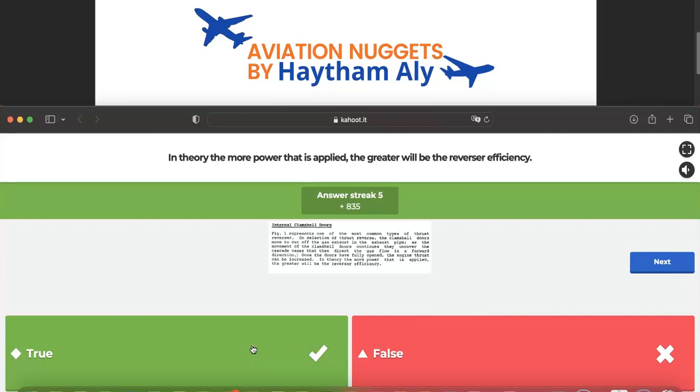In that case, the power will be higher and the efficiency of the reverser will be greater. But remember that we cannot take the throttle lever from reverse idle to maximum reverse unless the reverser translating sleeve or blocker doors are in the fully deployed state. Okay, everybody?